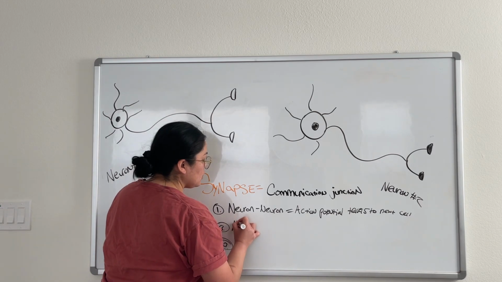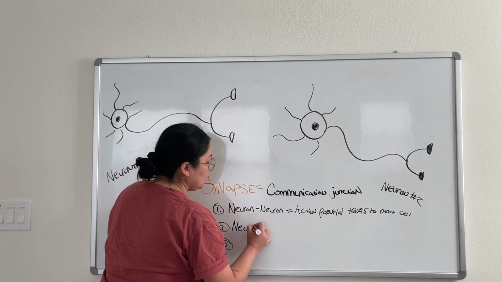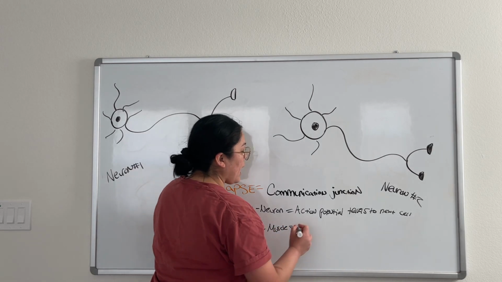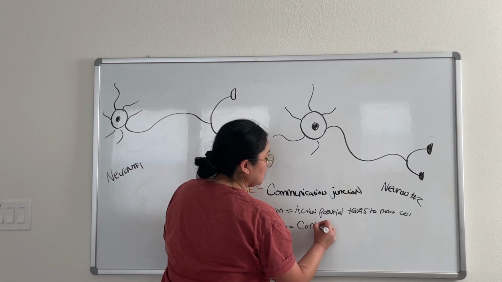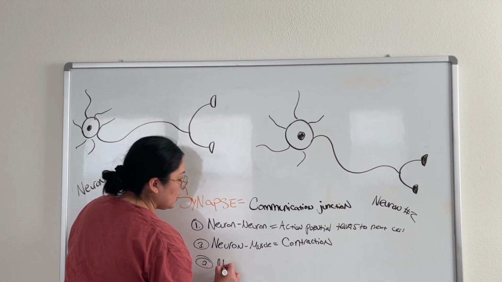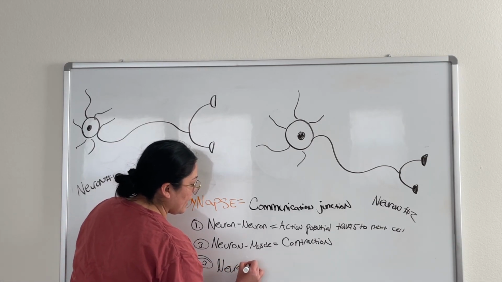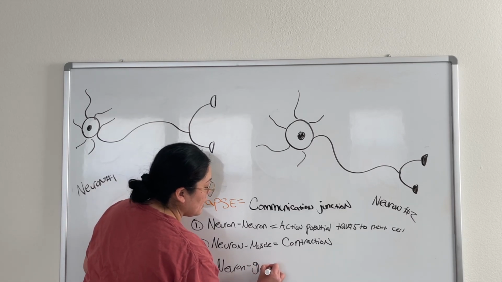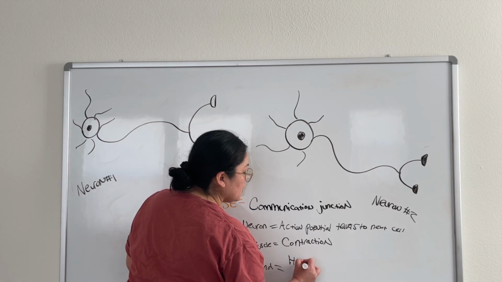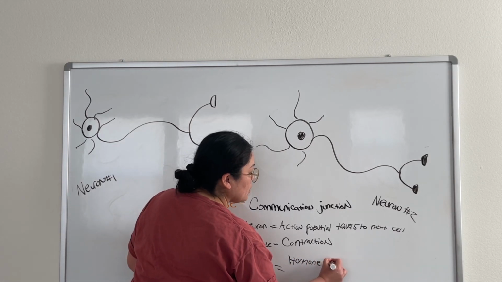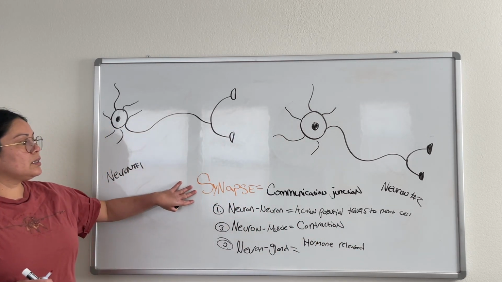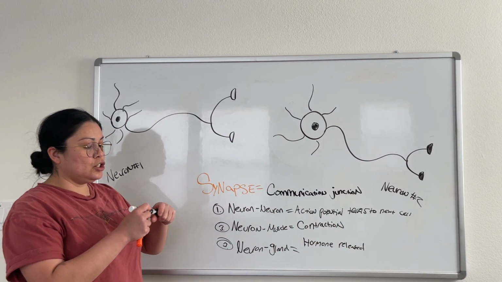A neuron can also communicate with a muscle, in which case what's going to happen is a contraction, a muscle contraction. A neuron can also communicate with a gland, and what's going to happen here is there's going to be a hormone release from the gland, right?